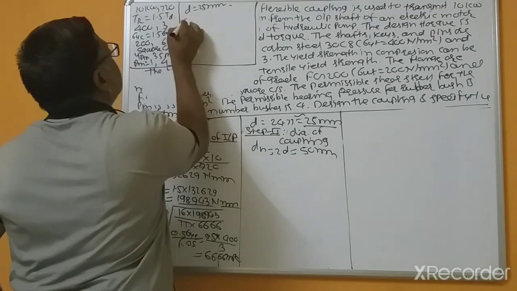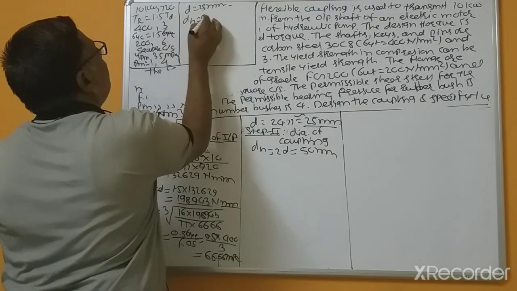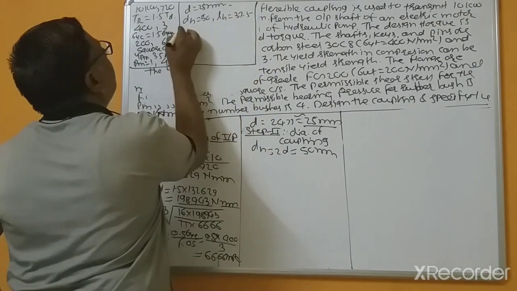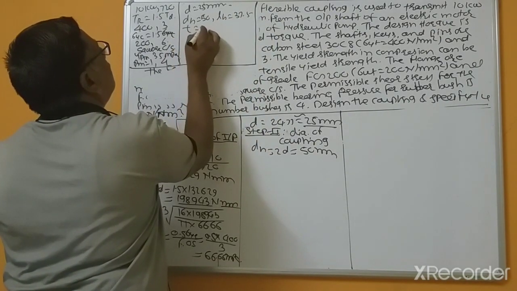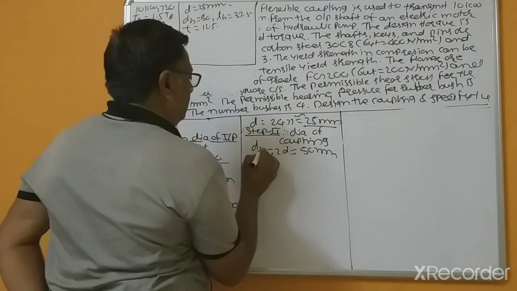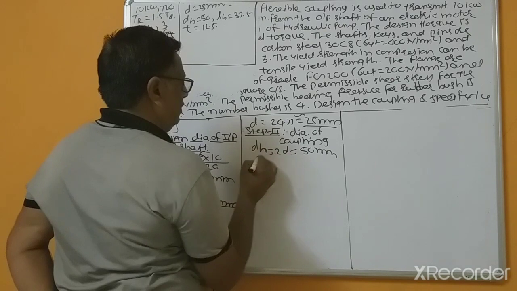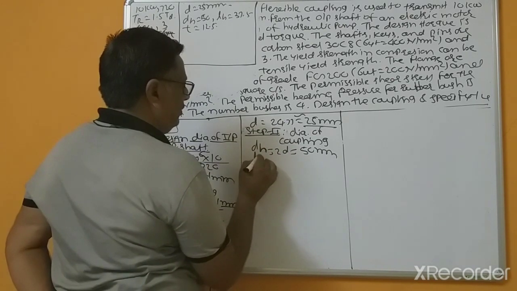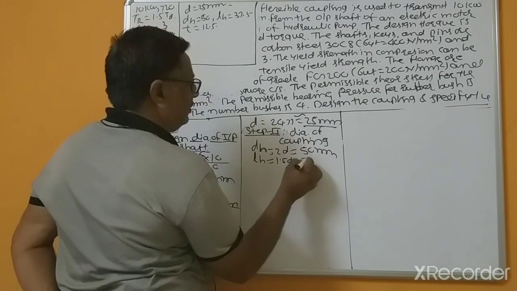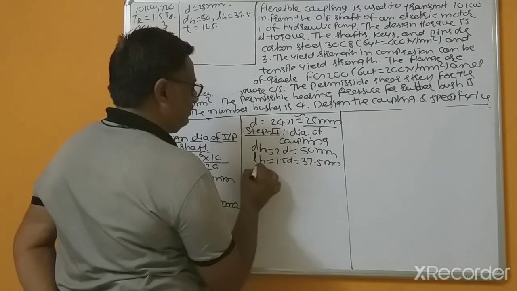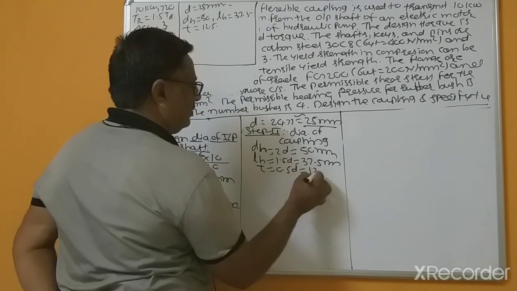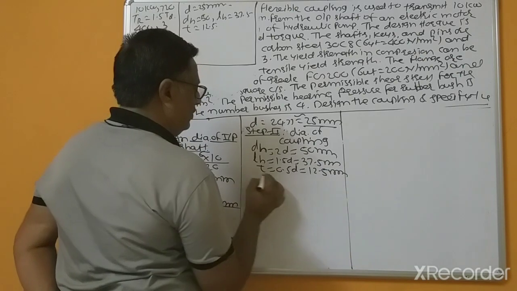Length of the hub is 1.5 D, 37.5. T equal to 0.5 D, 12.5.